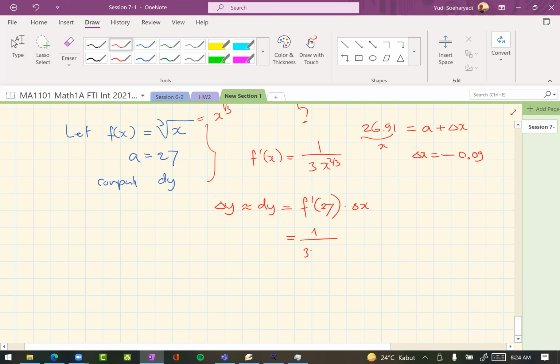So 1/3 times, let's see, cube root of 27, that's 3, squared is 9. Okay, so what you have here is 27.